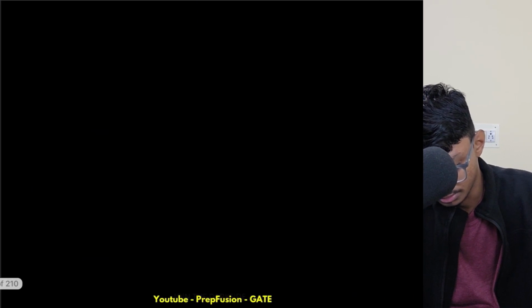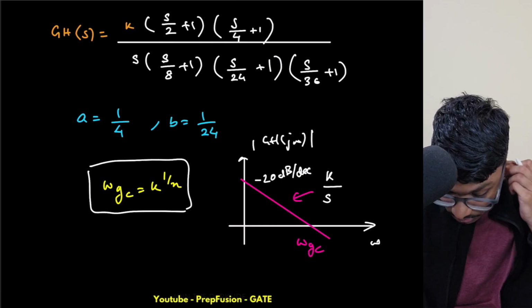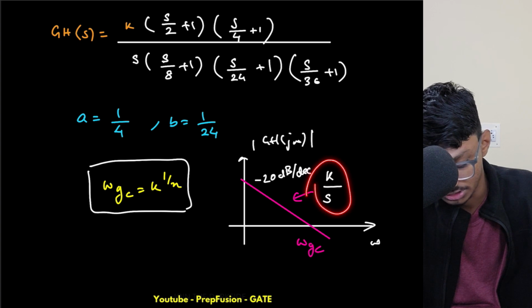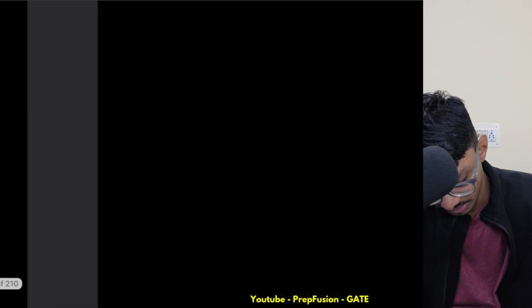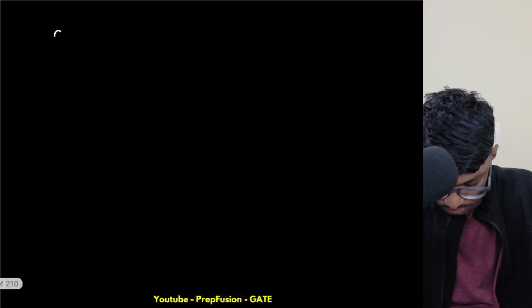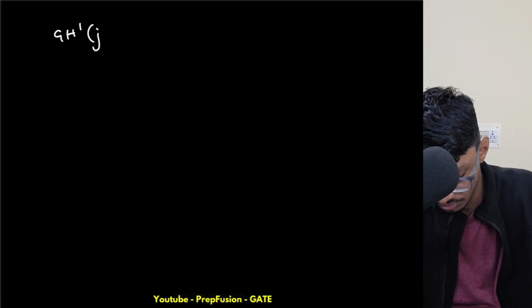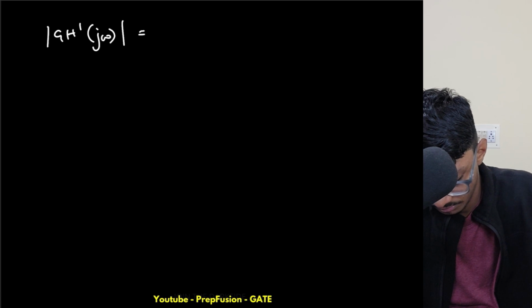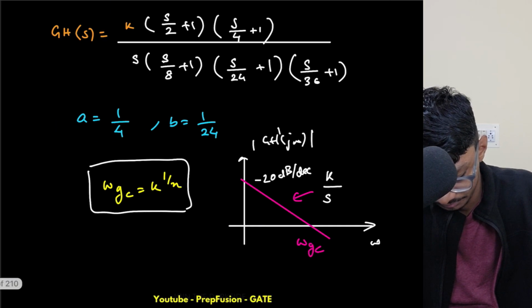then simply use this. What is the magnitude expression of this one? Let me name this as G dash of S. So G H dash of j omega equals K over omega.